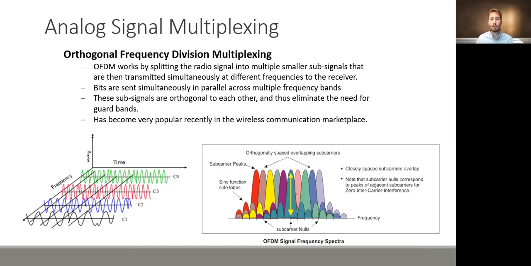So for example, if you have a set of data, you will use multiple frequencies and send them in parallel. So these bits will be sent in parallel in the frequency domain, not in the spatial or the time, but in the frequency domain. And so what you end up with is you have multiple peaks for each one of your data bits. And now the special thing about these is that they are all orthogonally placed next to each other.